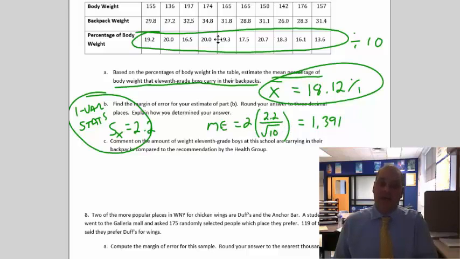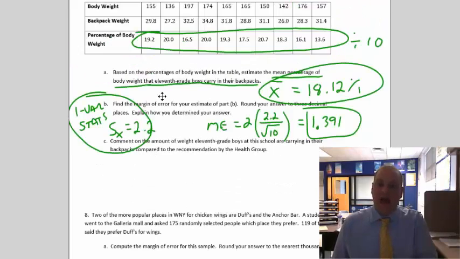This is a sample mean. Even though they're percents, we took the average of the percents. So we did sample means. And this is the standard deviation percentage. That goes there. See? So S goes on top and the square root of n goes on the bottom. N is the sample size. That was 10. 1.391 is our margin of error.